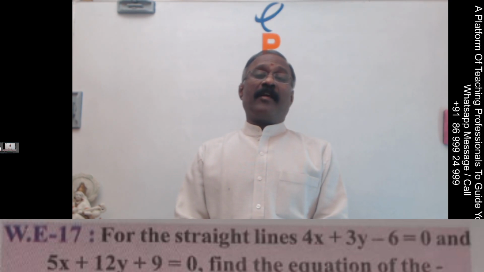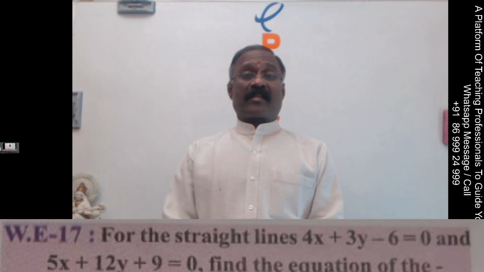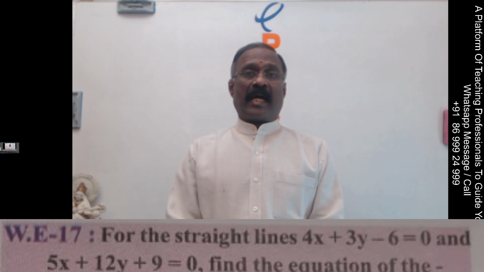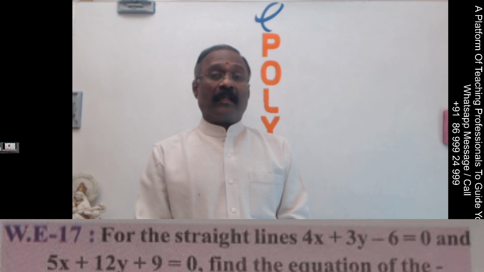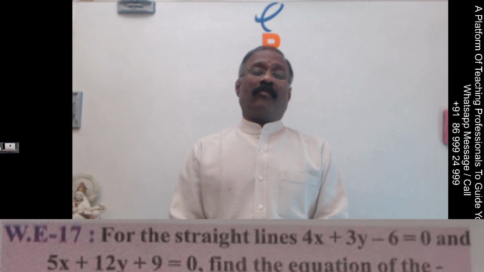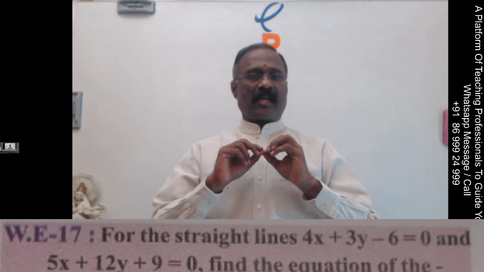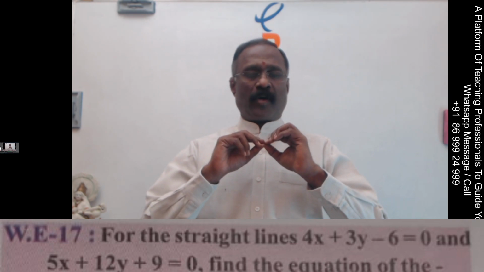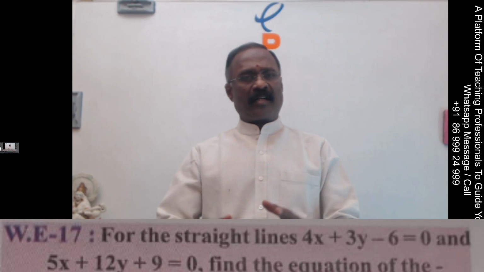Similarly, if you take any point, for example x1, y1, we are interested in which region that x1, y1 is lying, whether in the acute angle region or the obtuse angle region. We want to understand that. Then in that case, we simply substitute x1, y1 in the first line equation and in the second line equation, straight away, without altering any c1, c2.